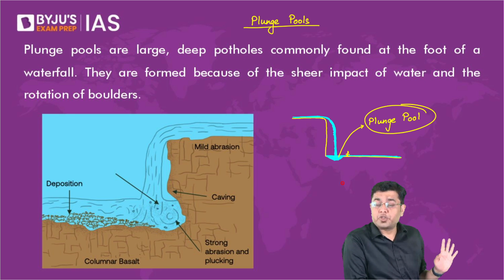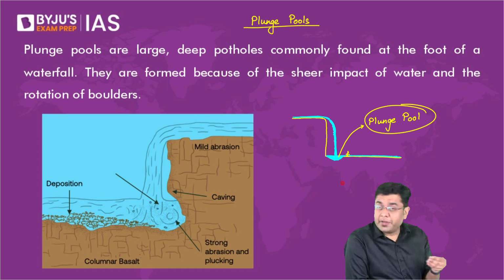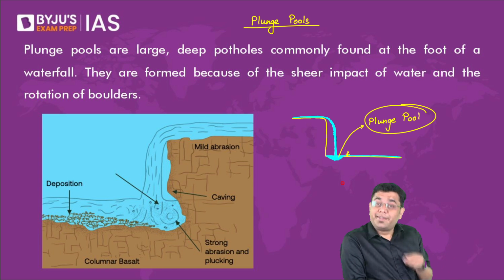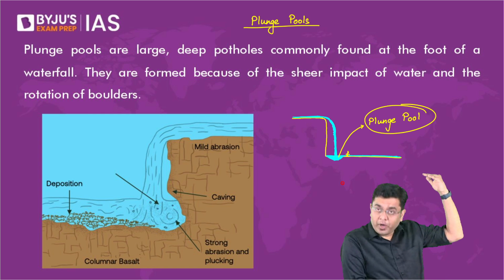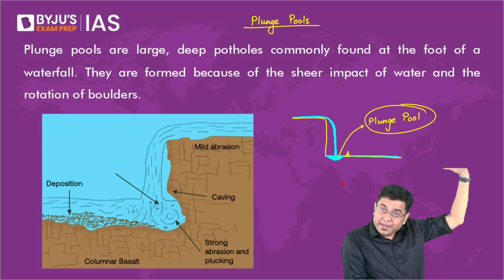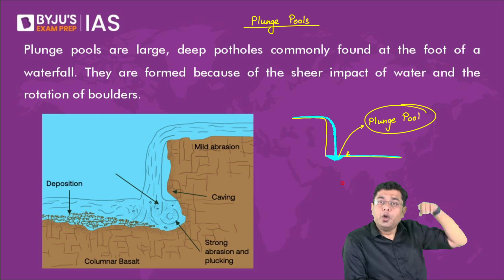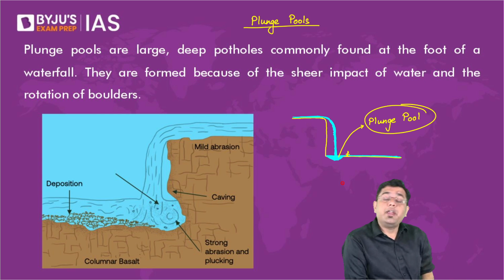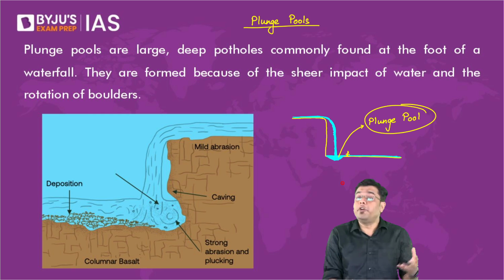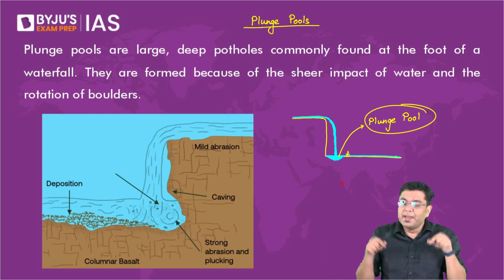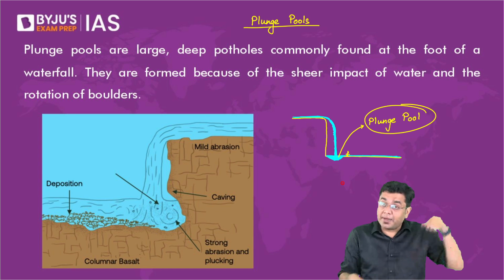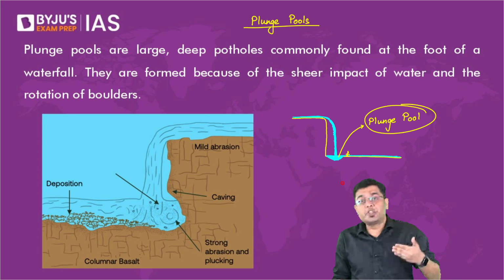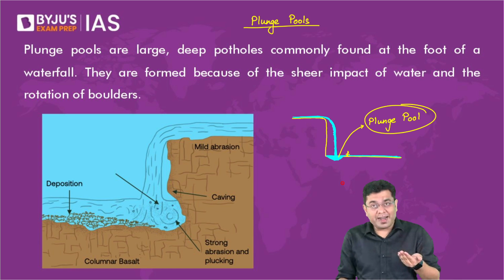Slowly as you walk towards the base, suddenly the water level will get so very deep, it might be above your head high as well. And then the additional force of the falling water won't allow you to emerge on the surface easily unless and until you are a very good swimmer for that matter. So that is why plunge pools are one of the most dangerous regions. It is the basic formation and the falling of the water which creates that depression on the land surface.